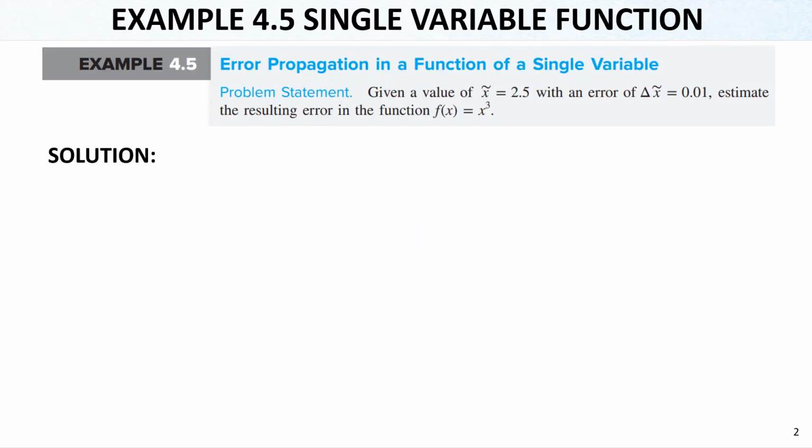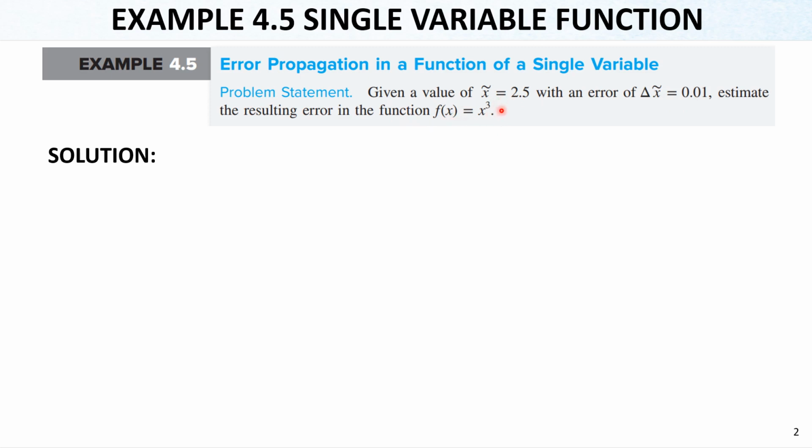Example 4.5 is an example of error propagation with a single variable. Here you can see that the estimate of the x value is 2.5 and delta x, the error, is 0.01, meaning that x is basically the summation of this with this one, the true value. And the function is x to the power 3.